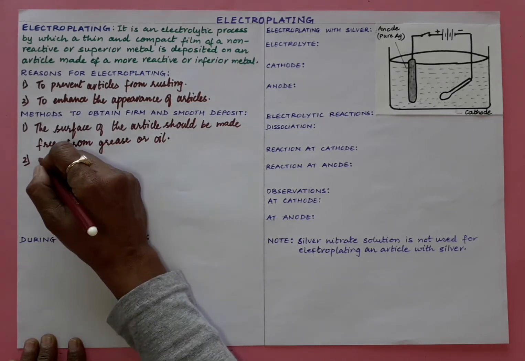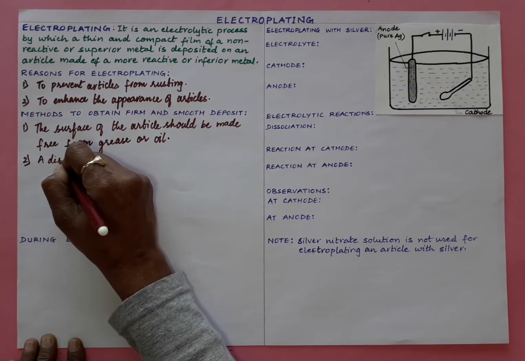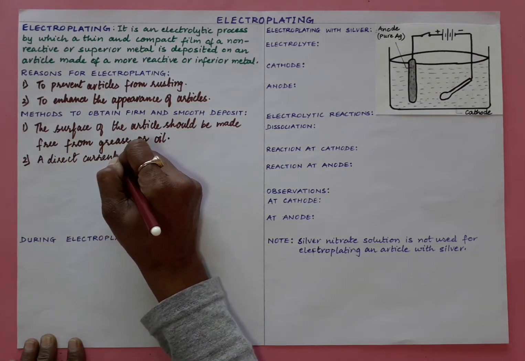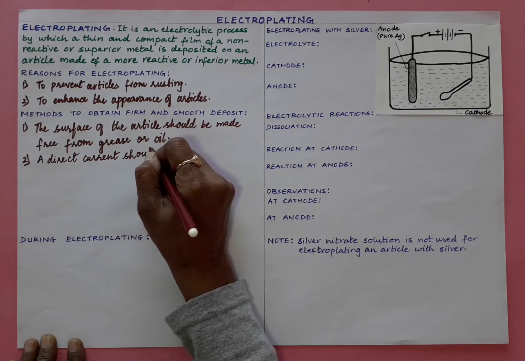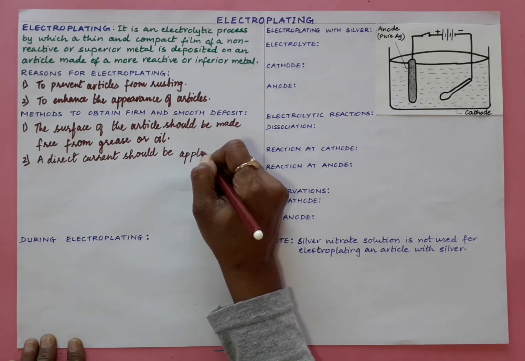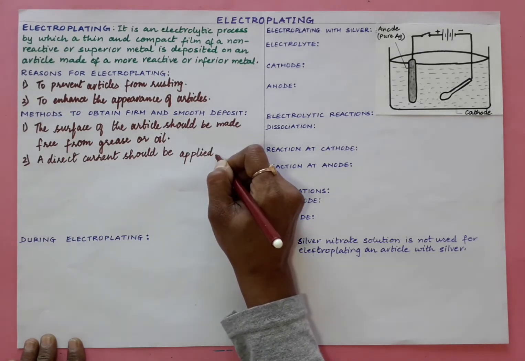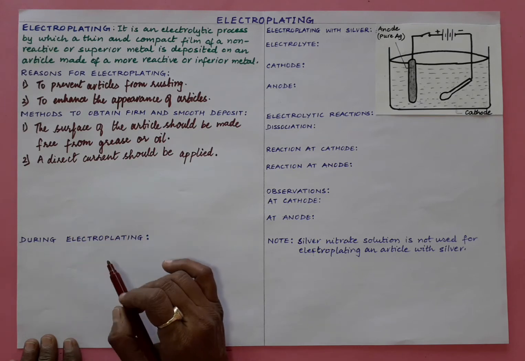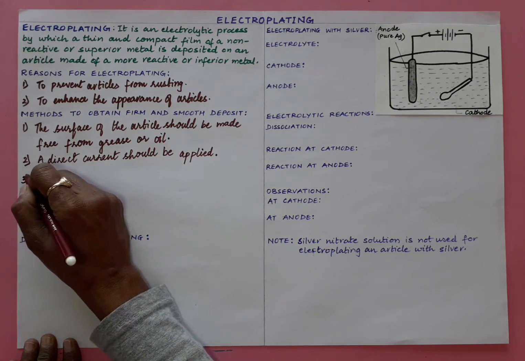Now next, a direct current should be applied. With alternate current there will be a break in between, so direct DC current is applied, so a continuous supply of current is there.